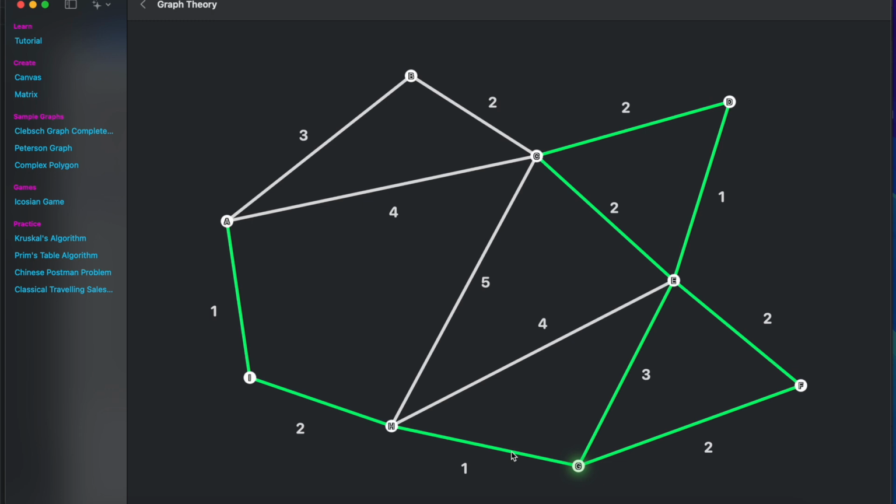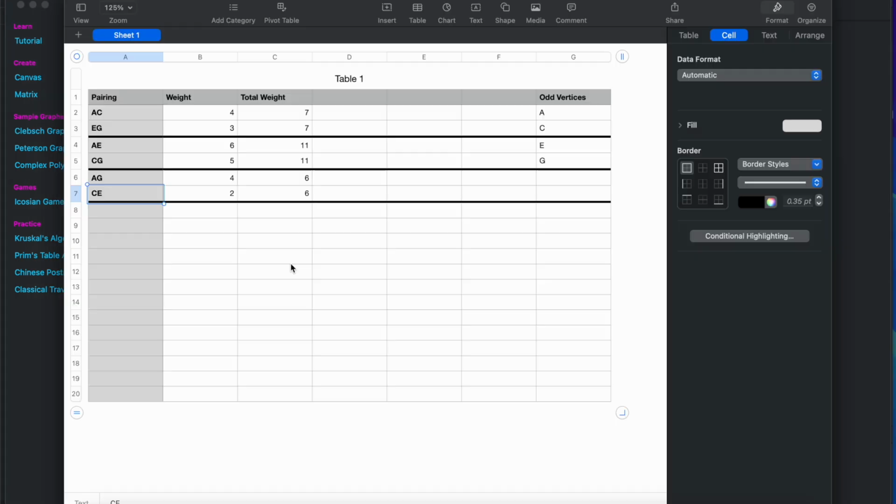I'll travel back to vertex A. And now I've arrived at vertex E. I have to get back to vertex A.